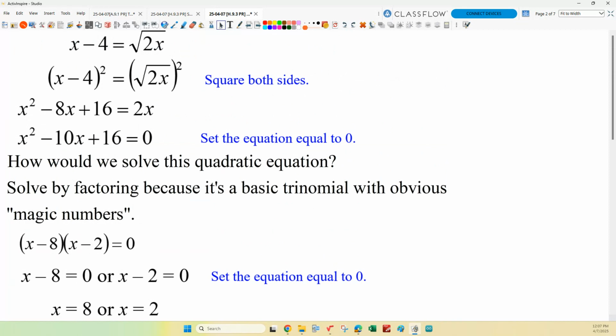One or both might be. x equals 8. Does that work in my original equation? What do I get on the left side? 4. 8 minus 4 is 4 on the right side. Square root of 16. Is that true? That's true. Yeah. This one.